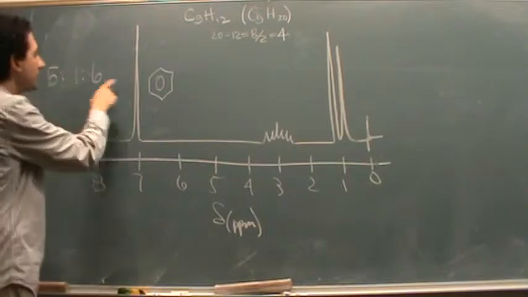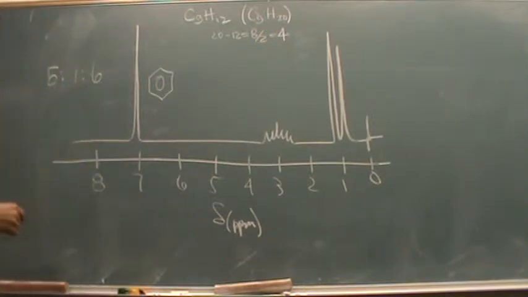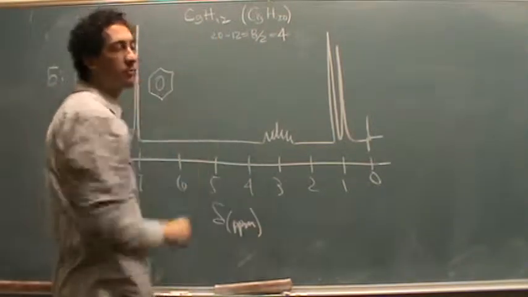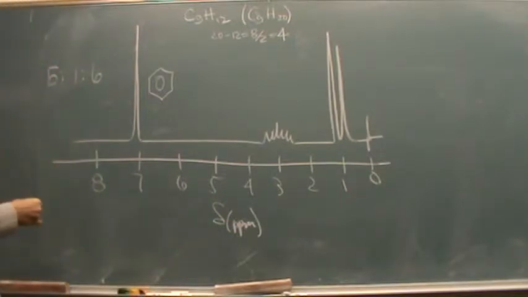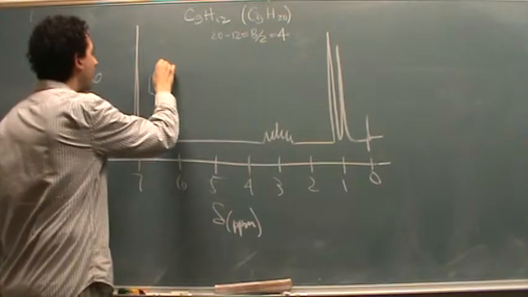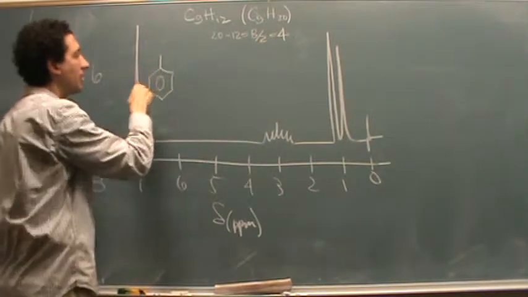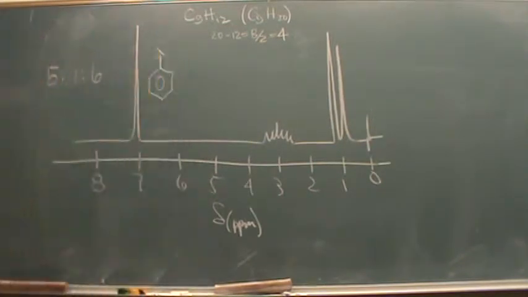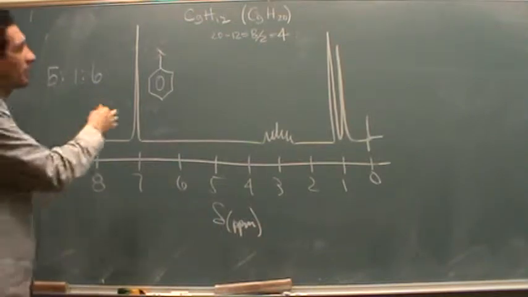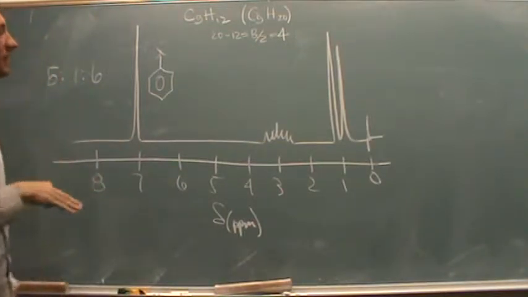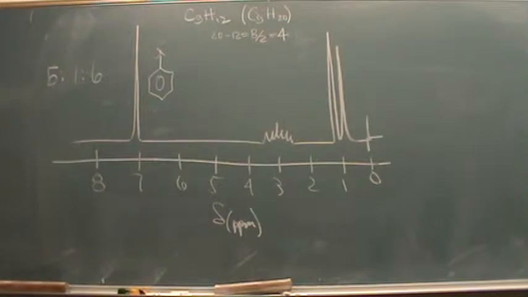Since this 5 plus 1 plus 6 sums up to 12, and there's 12 hydrogens, it tells me exactly the number of hydrogens here. So I know I have 5 hydrogens here, so it looks like I have 1, 2, 3, 4, 5, and then something out there, okay? So I believe I do have an aromatic. It fits the shift. Everything looks pretty good.